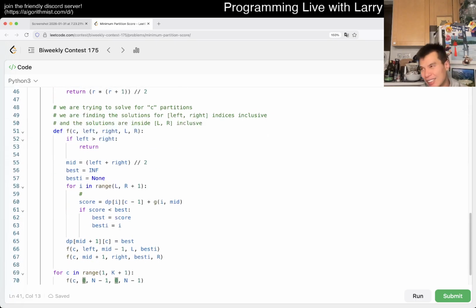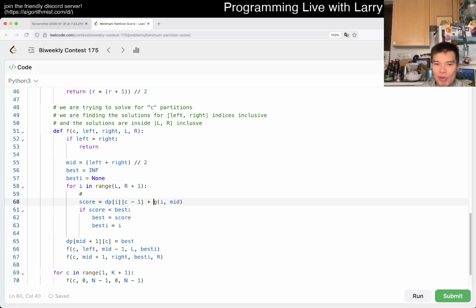Depending on how you map it, for index 5, this actually means the first 5 items, which does not include i. I just want to make that clear. So this is the solution of the prefix, not including i, and that's just the answer.